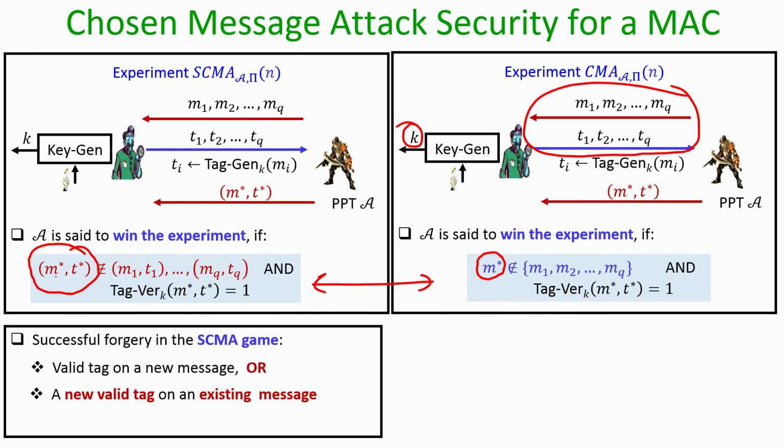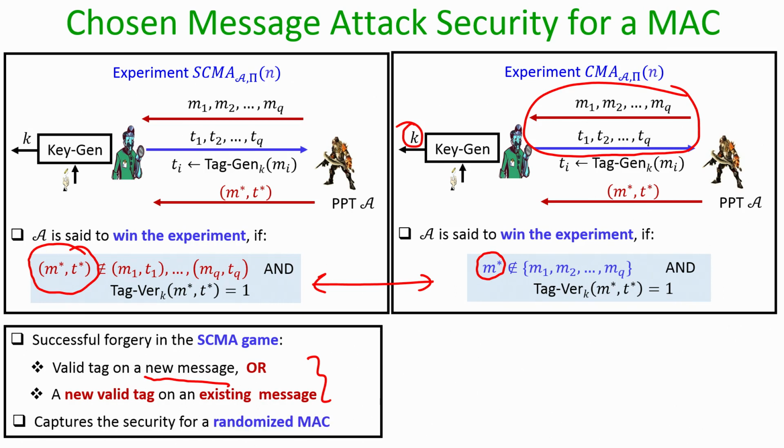The condition that (m star, t star) is different from all the previous (mi, ti) can occur in two ways. Either m star could be different from all the mi's, meaning the adversary is creating a tag on a completely new message, or m star is one of the existing messages, but the tag t star is different from any of the previous tags on the same message.